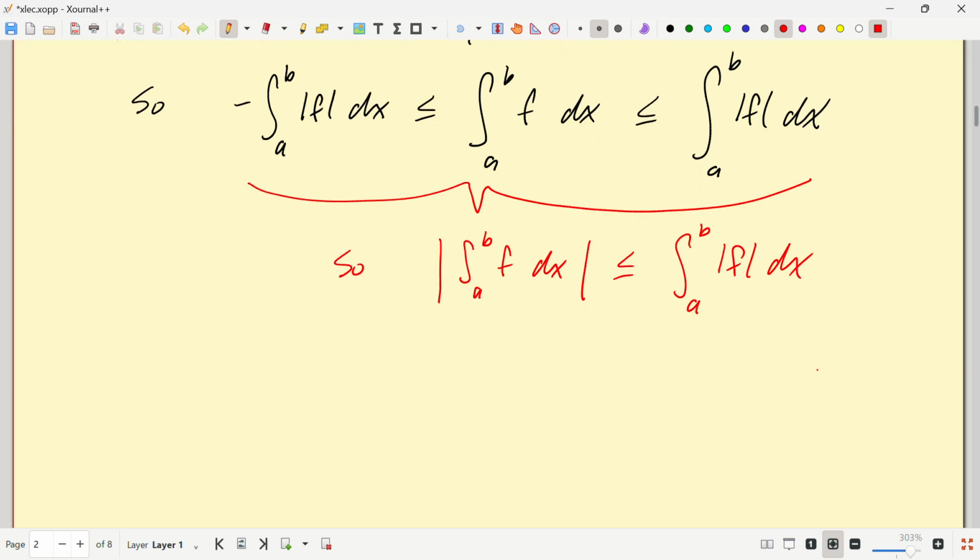Okay, so now back to the fundamental theorem of calculus. FTC proof.